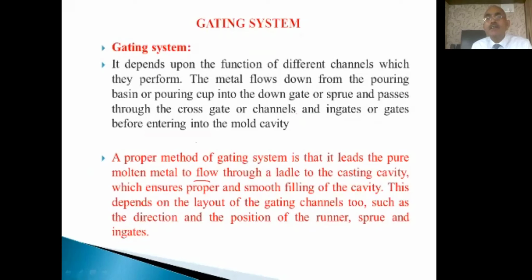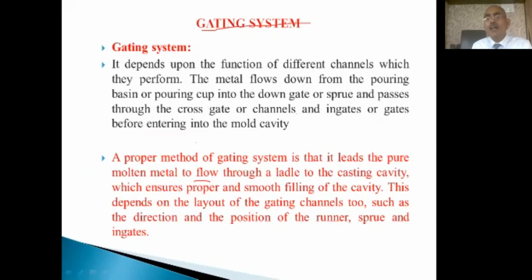The reason is this: metal is poured from the ladle to the basin. After pouring into the basin, from the basin it will move to the sprue. After the sprue it will run, and generally at the bottom of the sprue we also make a very small reservoir like a well.